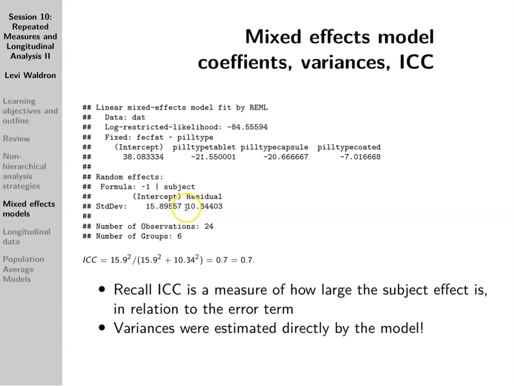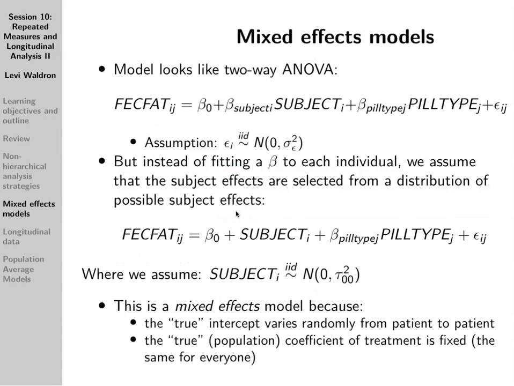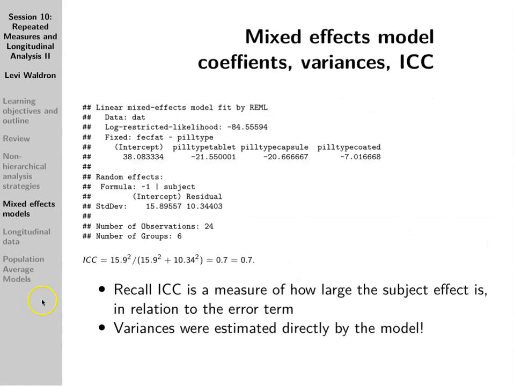And then it also gives us the residual standard deviation, which is this item. So that actually then makes estimating the ICC from this output very easy, much easier than using the two-way analysis of variance like we did it last time. We have directly everything that we need.